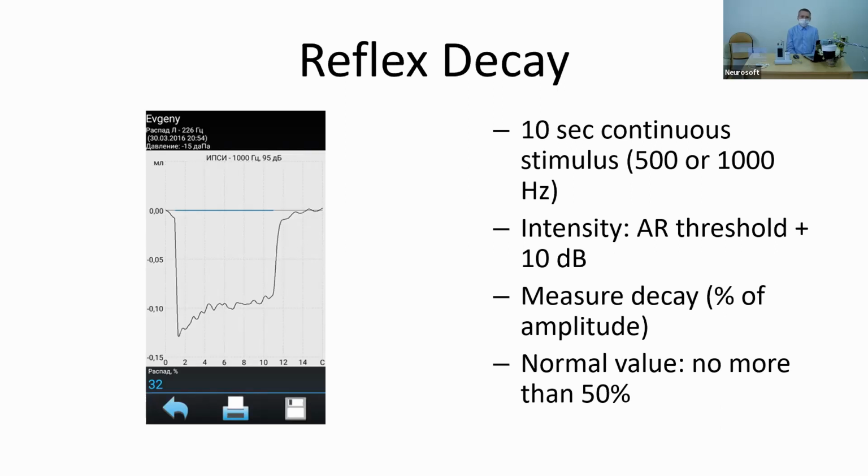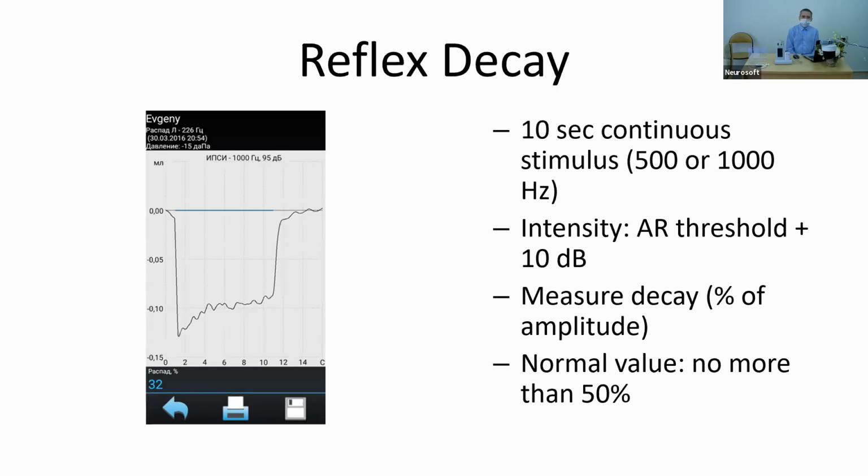During this stimulus it also produces the reflex, because this test is done at an intensity typically 10 dB higher than the reflex threshold, to evoke the reflex for sure.